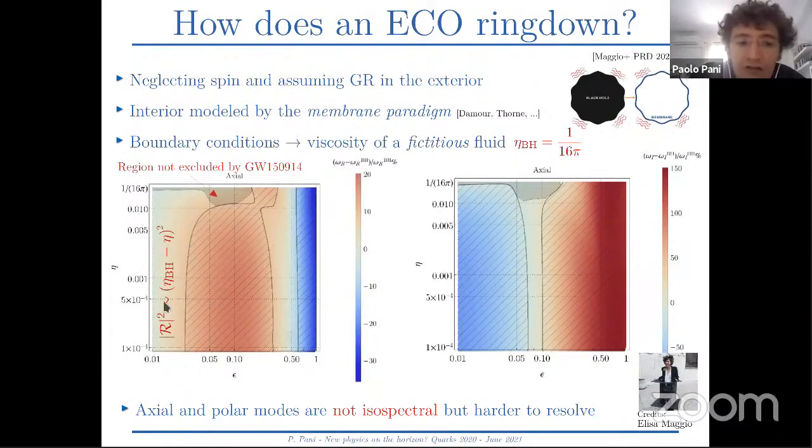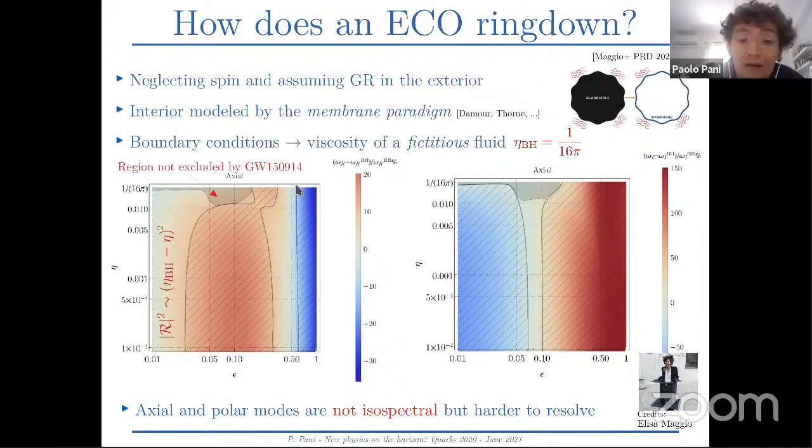The reflectivity coefficient that was mentioned before is related to the viscosity roughly in this way, which means that in the black hole case, of course, the reflectivity is zero. And then you can ask, what is the ringdown in this system? You can explore a two-dimensional parameter space, as I was mentioning before. These are the relative differences compared to the black hole case.